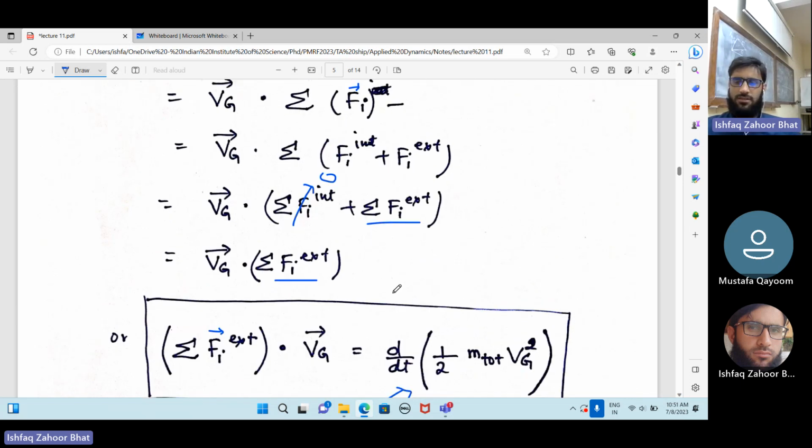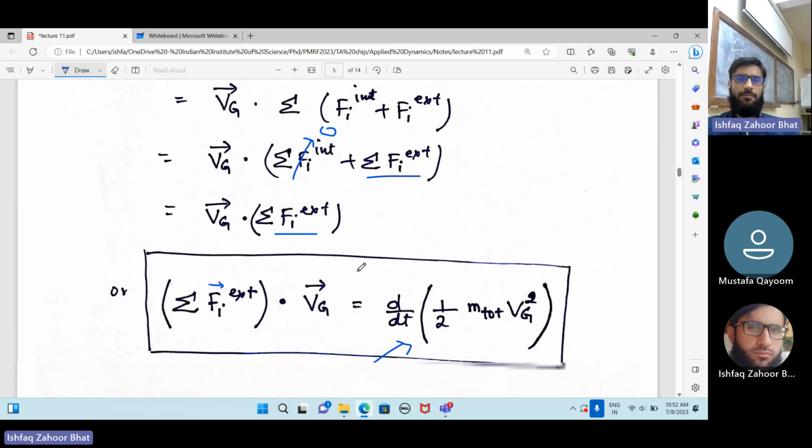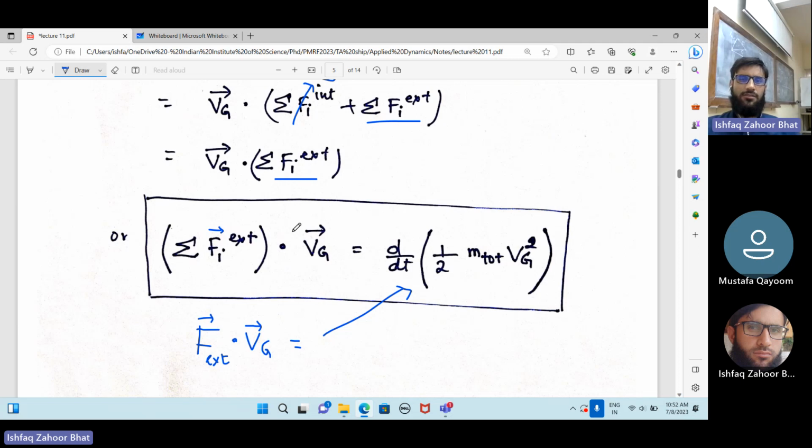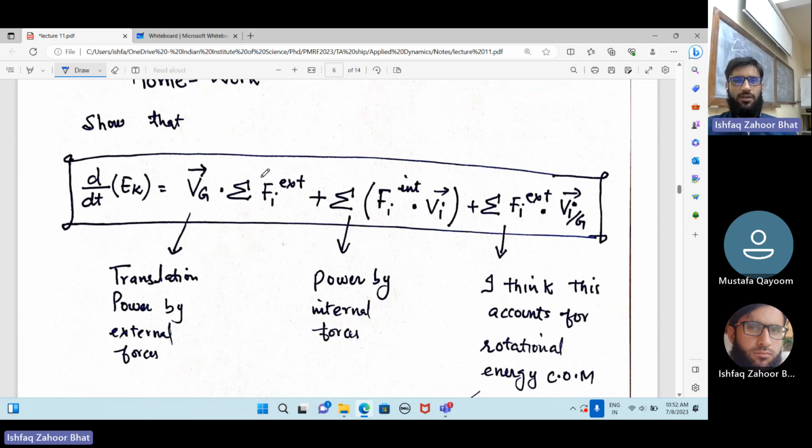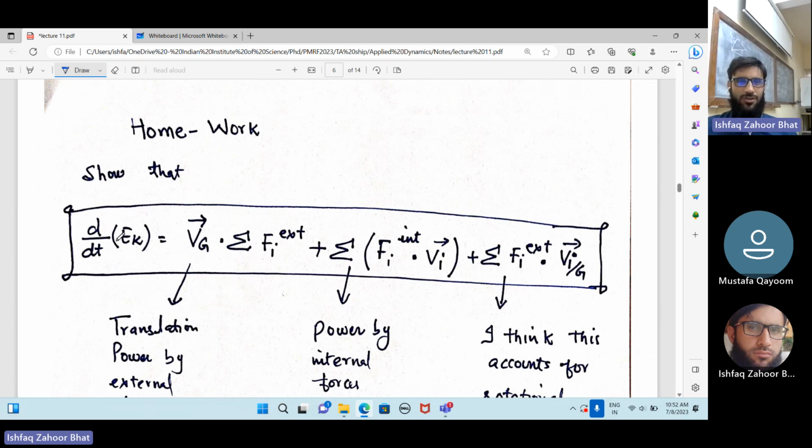It will just seem that I am doing some mathematical manipulations and getting the result. These results are very important, and I suggest that you go back and work out these expressions by yourself. So I have homework for you.